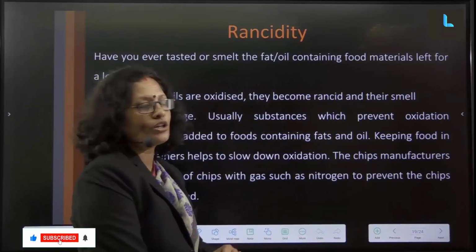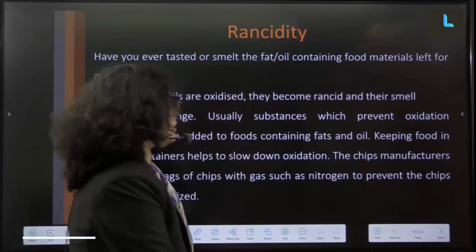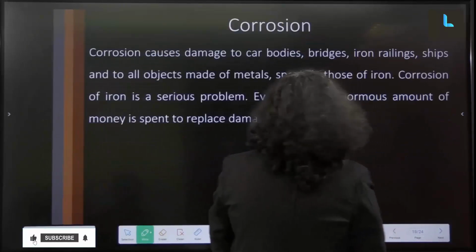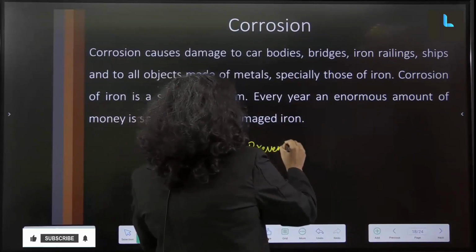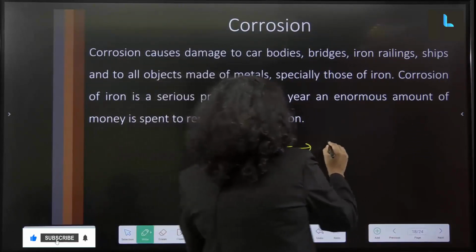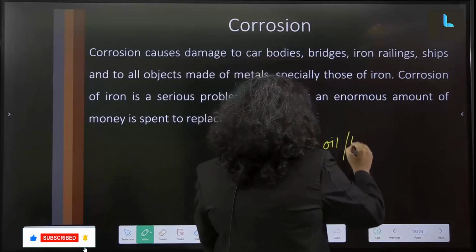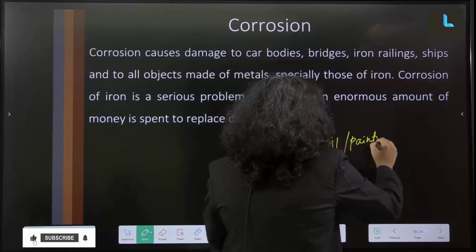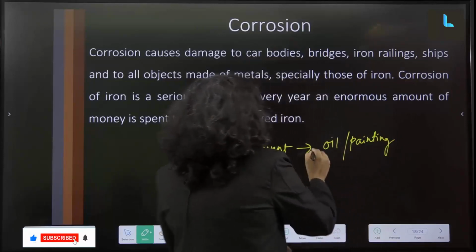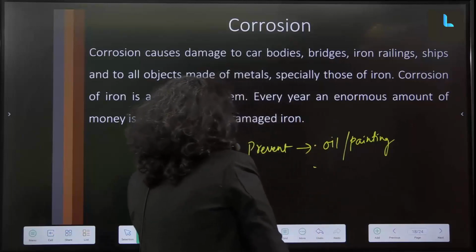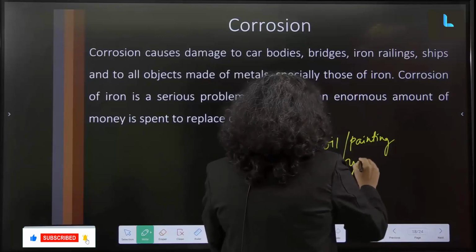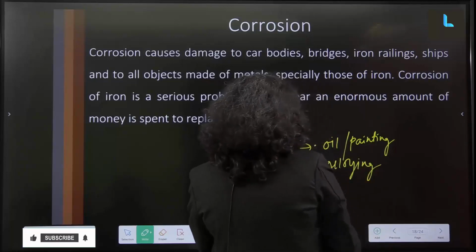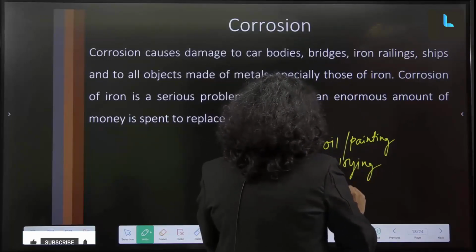Have you ever tasted or smelt a fatty oil containing food material? We will just see here how we can prevent corrosion. Prevention can be done by oiling or painting the surface, or by alloying, converting into an alloy, or by cathodic protection.